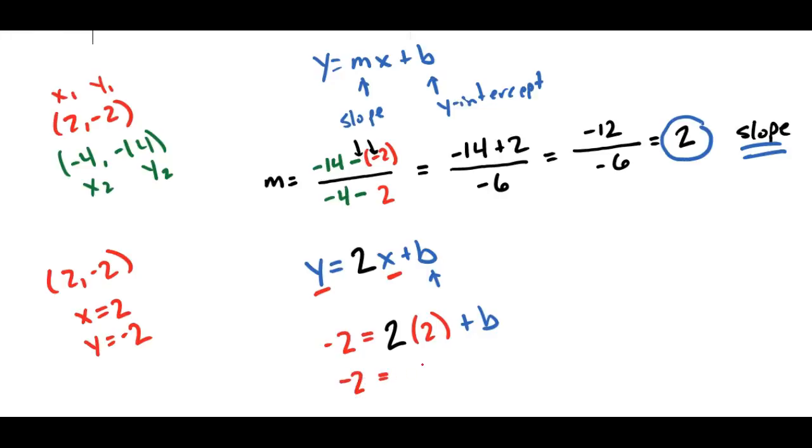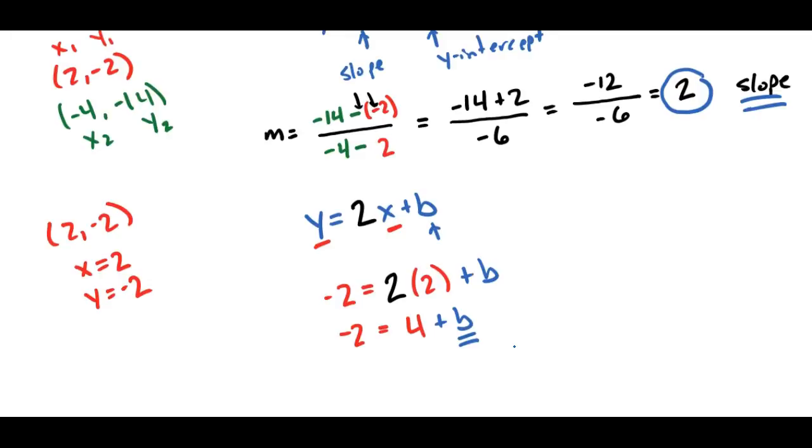Negative 2 is equal to 2 times 2, that's 4, plus b. Now I want to get b by itself. So the way we get b by itself is we've got to get rid of this 4. So how do I get rid of the 4? I subtract 4 from both sides.